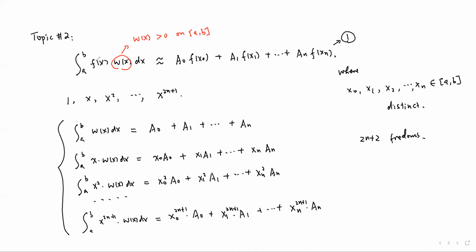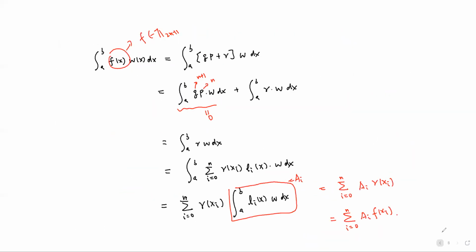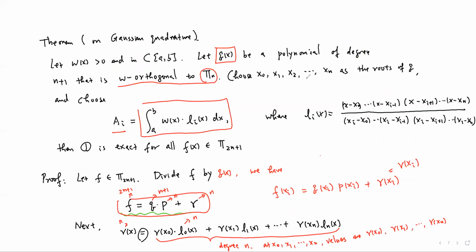Therefore, if we choose the nodes as the roots of this orthogonal polynomial and choose the coefficients in this way, we obtain Gaussian quadrature.